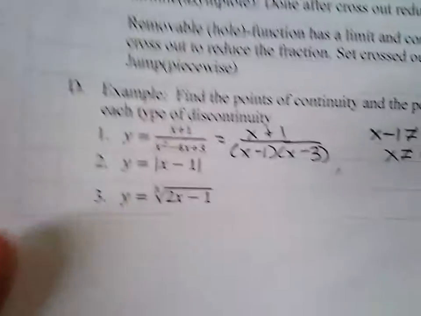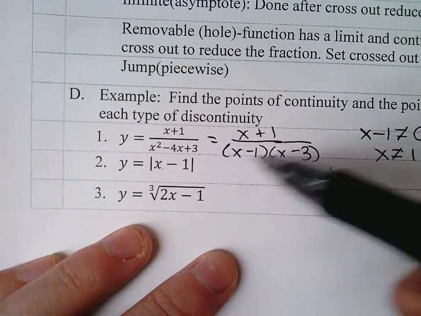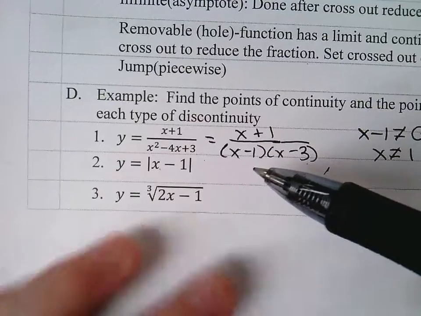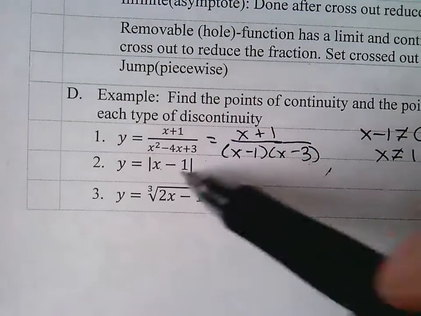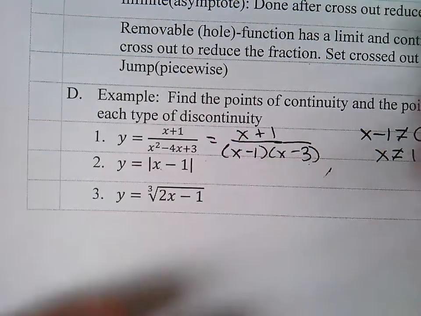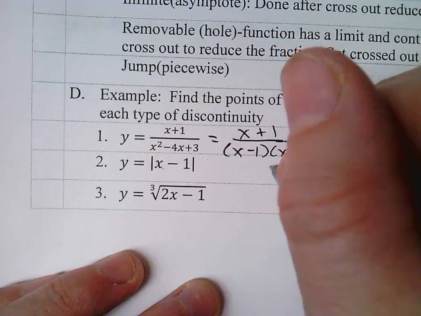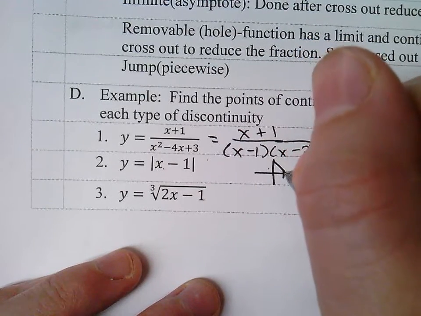Next, we have an absolute value function. So if you recall, the absolute value function just looks like a V, and the domain, if you can remember, is negative infinity to positive infinity. So this is the absolute value function translated to the right 1 unit. So if I could draw this graph, here's 1, looks like that.